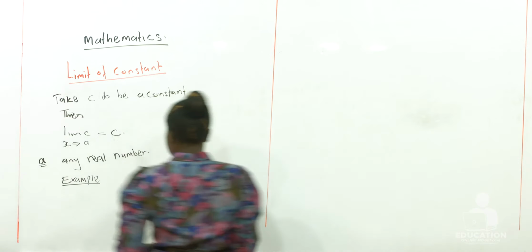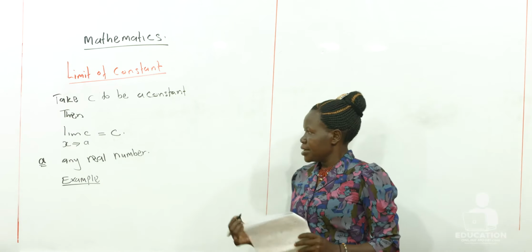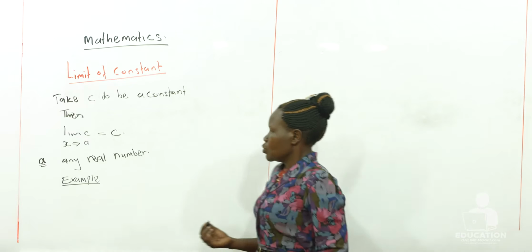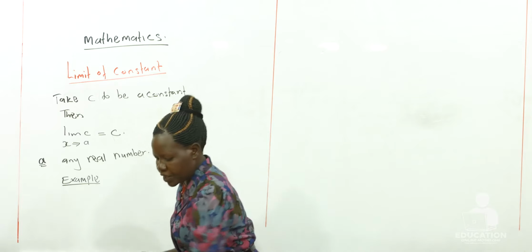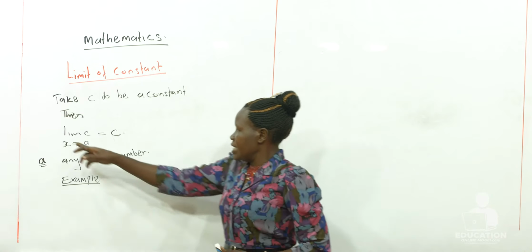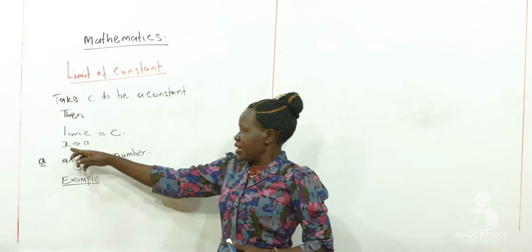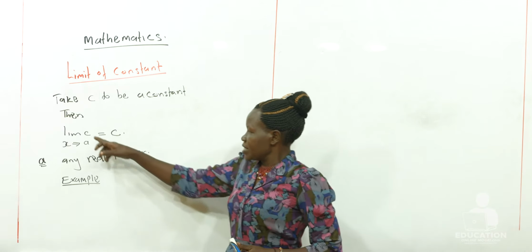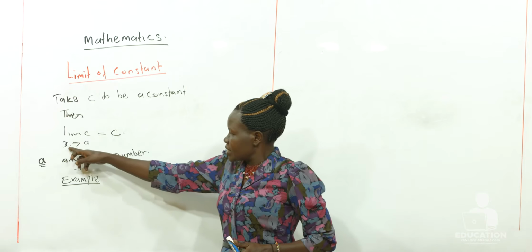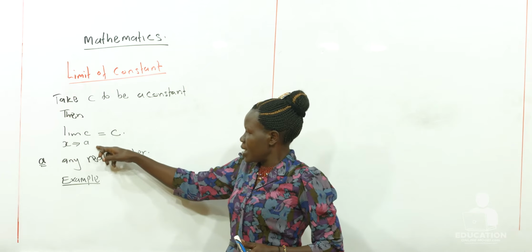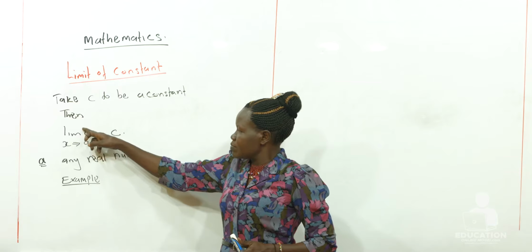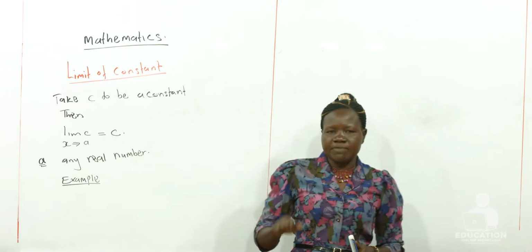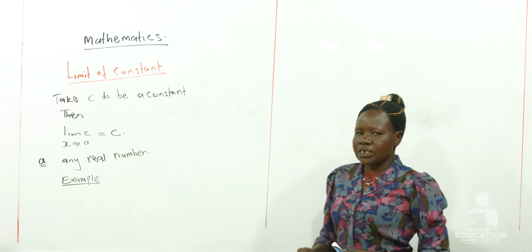So learners, when we say a limit of a constant, we simply express it as lim C when x approaches A equals C, meaning that if x approaches any real number and the number that has been given to you does not carry any variable, then we say this one is a constant.